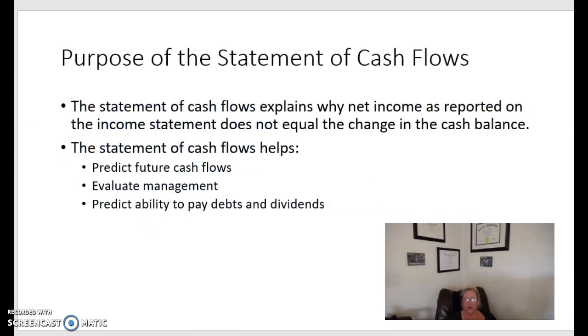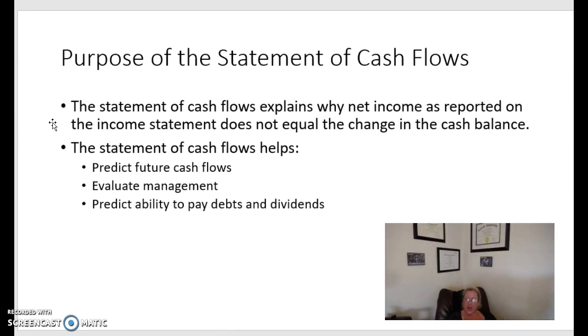The purpose of the statement of cash flows is to explain why net income, as it is reported on the income statement, does not equal the change in the cash balance. Remember that the income statement is prepared on an accrual basis.